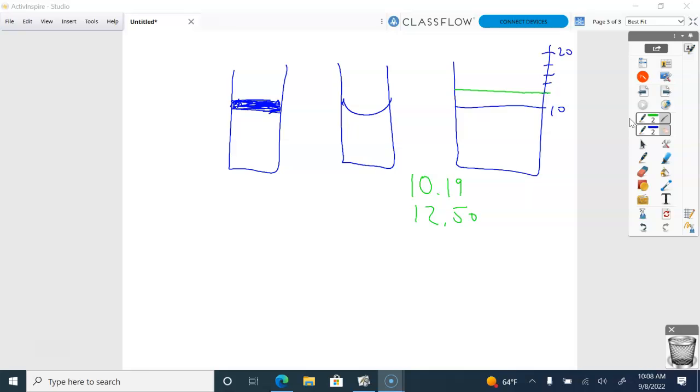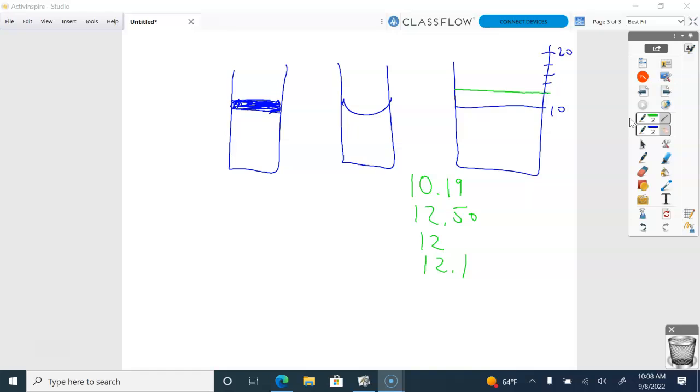What else we got? 12. What do you got? 12.1. All right, this is a pretty good arrangement of possibilities.